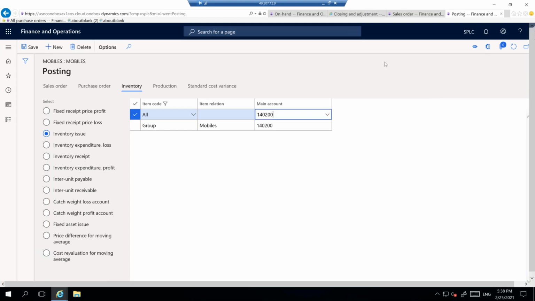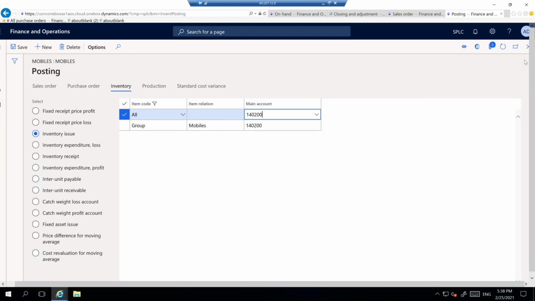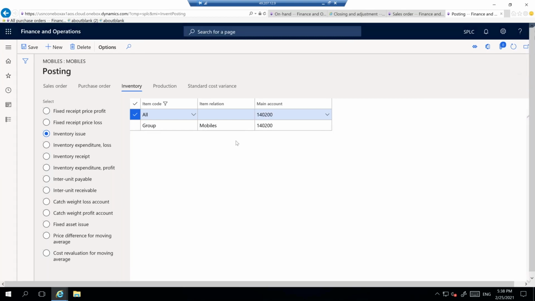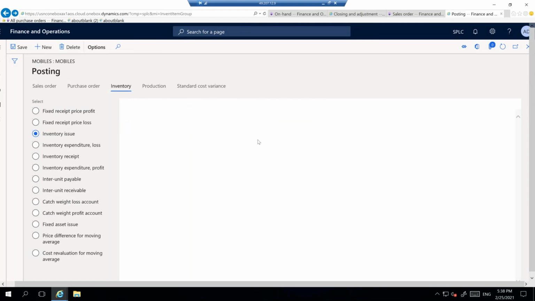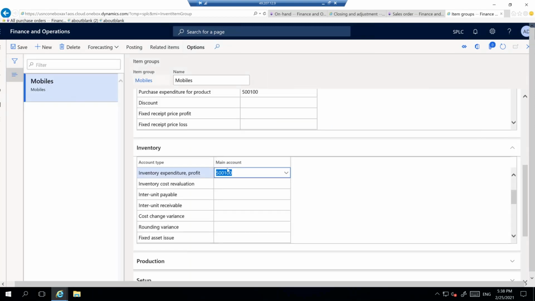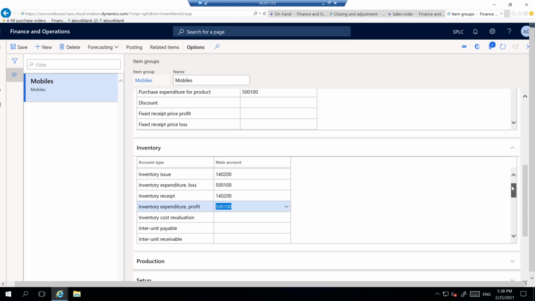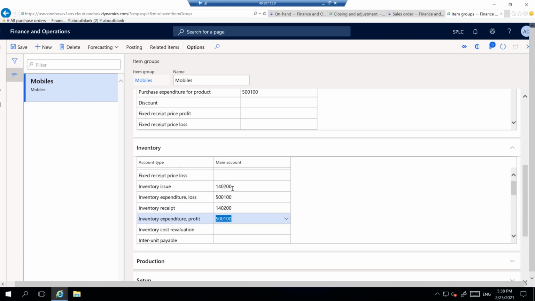Okay, and why is mobiles selected here under posting? Because we have mapped in the posting for the mobiles. See, for mobiles we have mapped. These are item group wise mappings. This is mobiles, am I right?